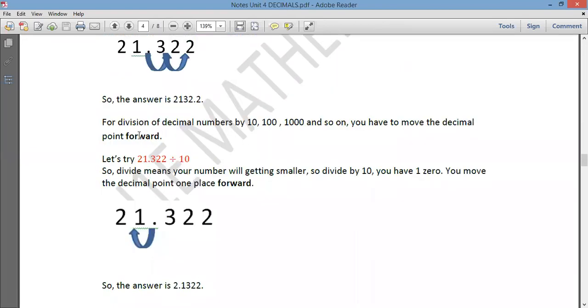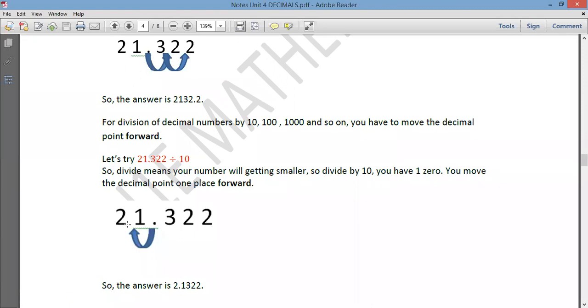For the division part, you have to move the decimal point forward. Just now when you multiplied by 10, 100, and 1000, you moved the decimal point backward. The difference is that when you divide by 10, 100, and 1000, you move the decimal point forward because your answer will become smaller.